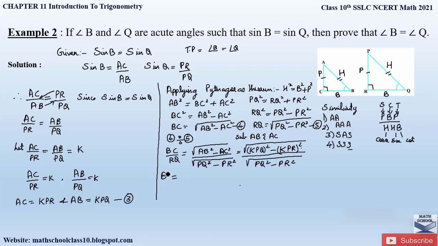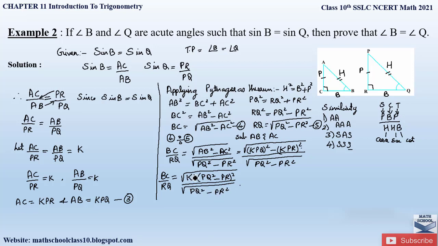Substituting further, BC by RQ is equal to square root of, if you open the bracket here, this will become K square and PQ square. Again similarly we will have here K square and PR square. So let us take this K square common outside, and in brackets what will be left behind? PQ square minus PR square, divided by square root of, again, PQ square minus PR square.